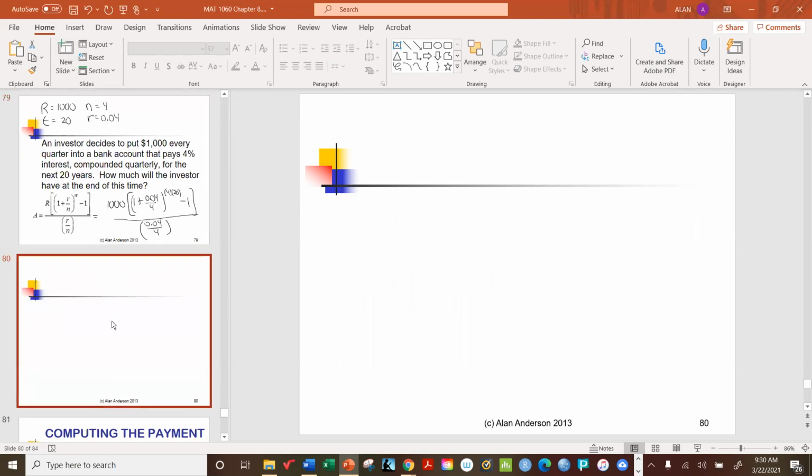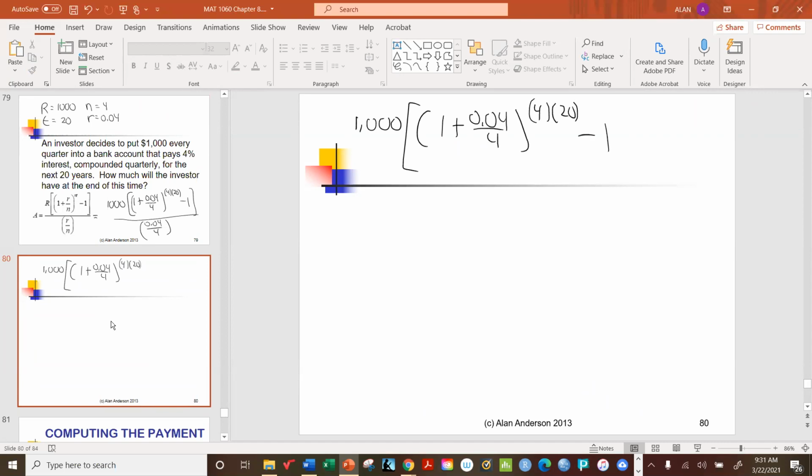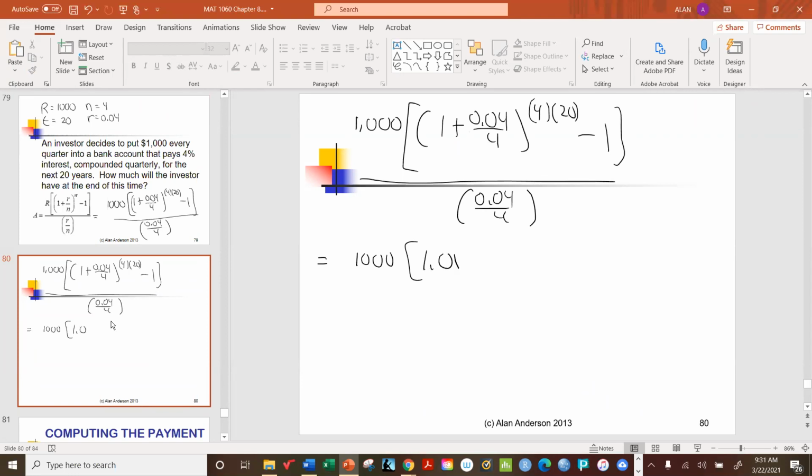All right, so I'll just copy this again. So this one could be simplified as 1.01 to the 80th power minus 1 all over 0.01.